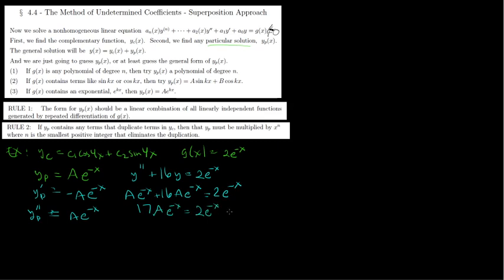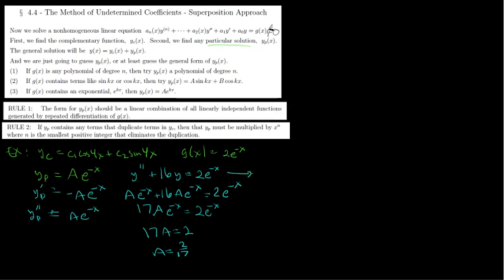And you can divide both sides by e to the negative x because we know it never equals 0. So that gives us the equation 17a equals 2, which tells me that a has to be 2 over 17. Okay, so I think that actually solves this equation here.